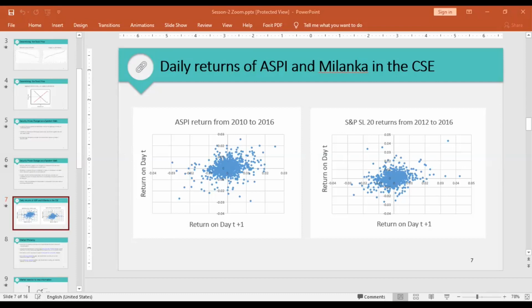These events are happening independently of the past, so we call these returns random events. In that sense, we call this market efficiency allocationally efficient markets.